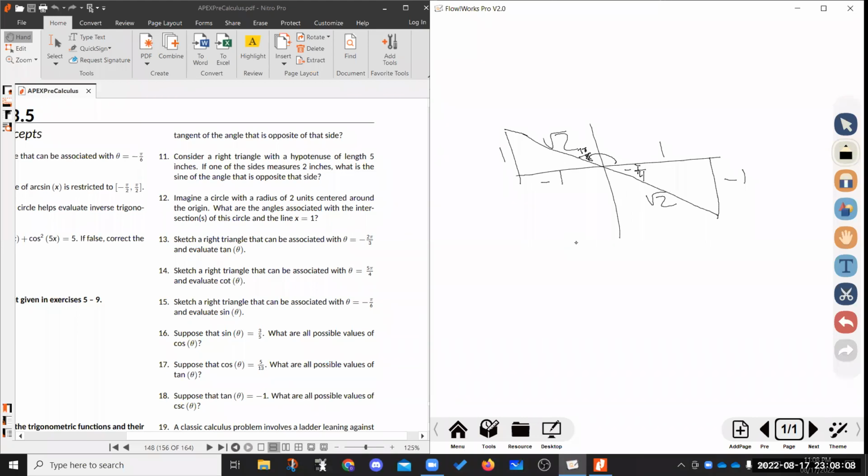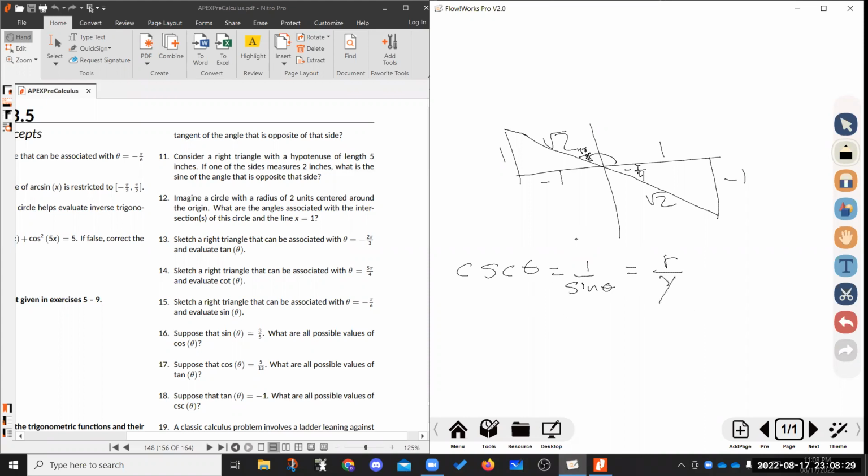They want to know what are the possible values of cosecant. Remember that cosecant theta is equal to the reciprocal of sine of theta. So it's hypotenuse, or r, over opposite, which is y.